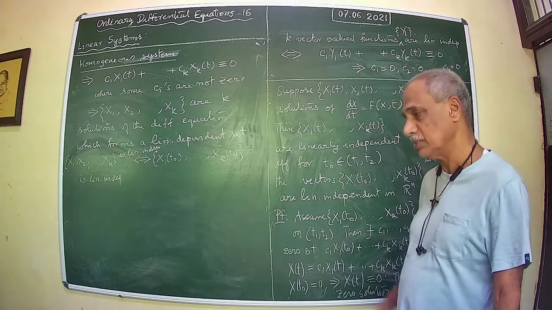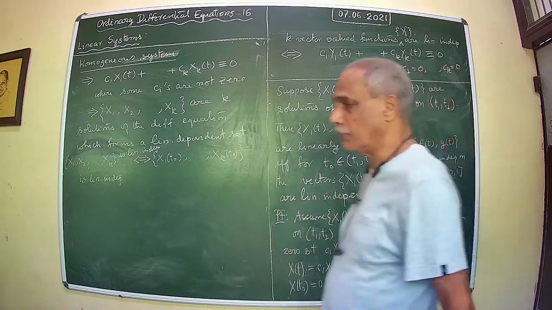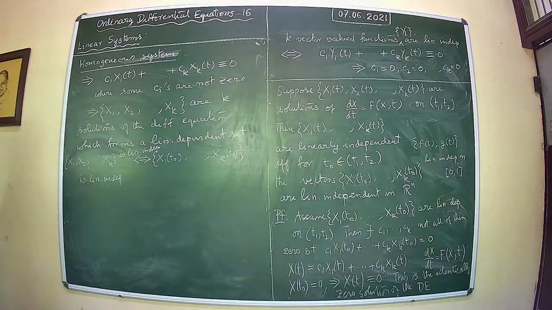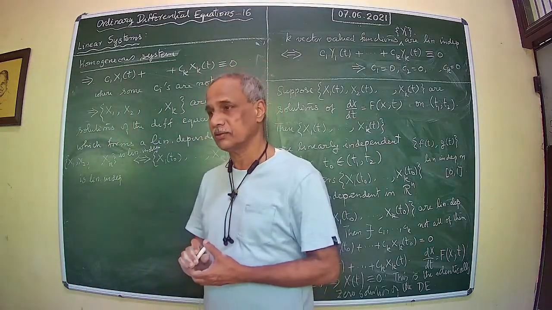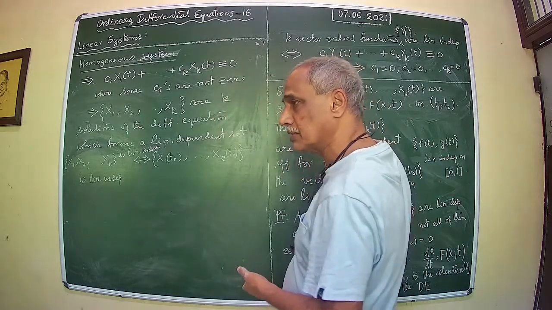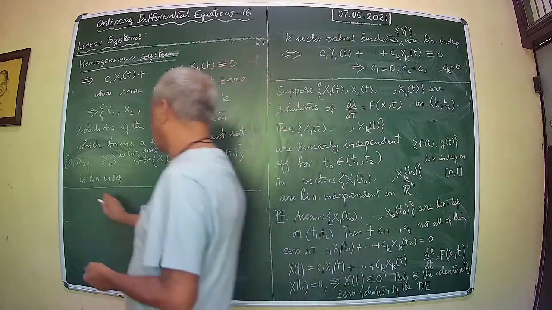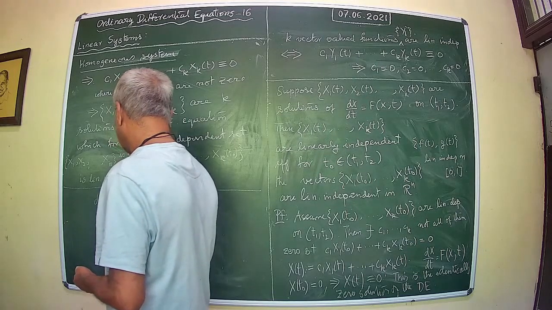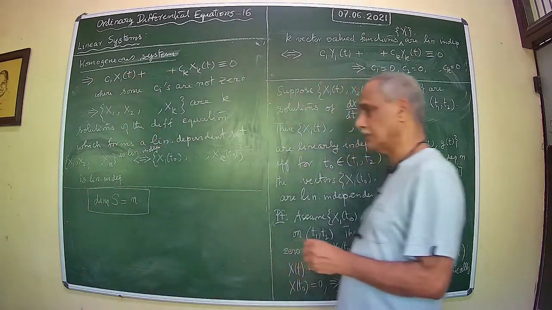You have the corresponding solutions for each one of these ei's, and those functions also form a linearly independent set of solutions, or the solution space will be spanned by this set of functions. Okay, so write down an explicit proof of this theorem. So that gives you that the dimension of S is equal to n.